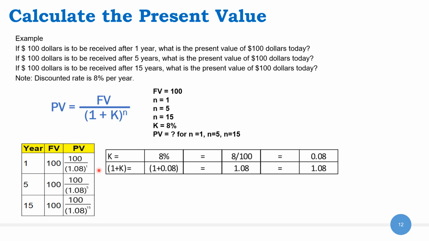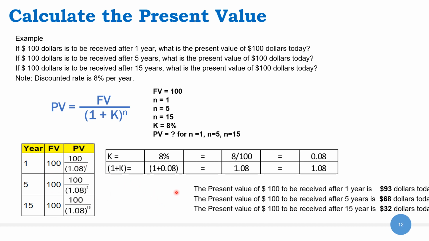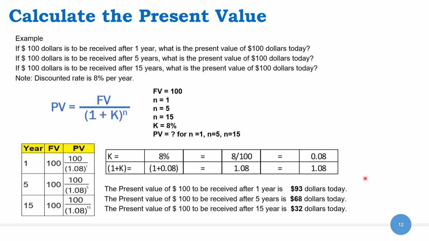Now we calculate the present value, which is future value divided by 1 plus k the whole power n, for the first year, fifth year and 15th year. These are the values today, that is the present value. Currently they have these values: 93, 68 and 32. After that, the future value is 100. So we have calculated the present value for this question.